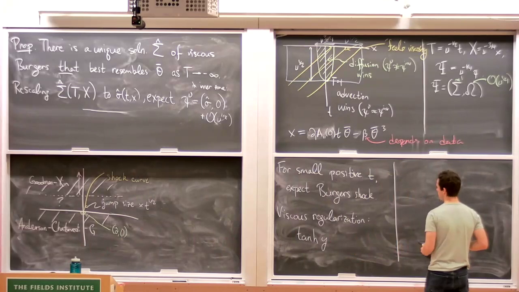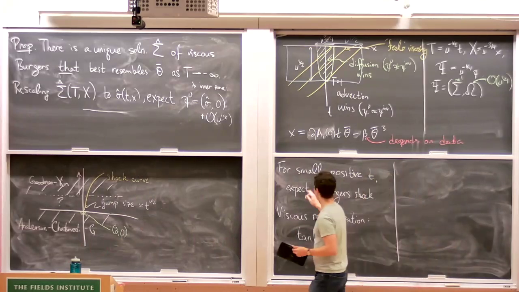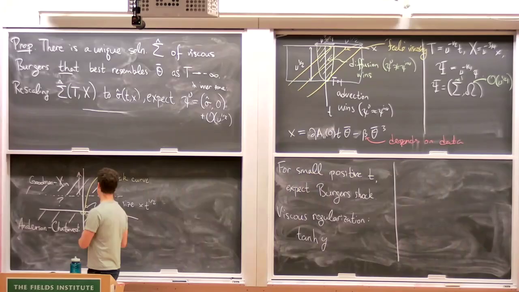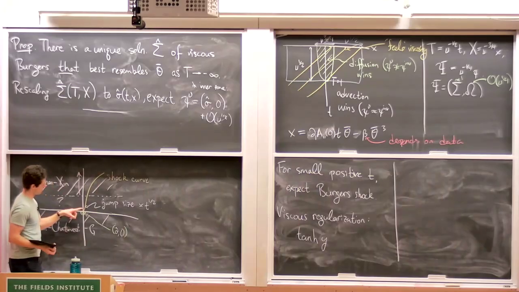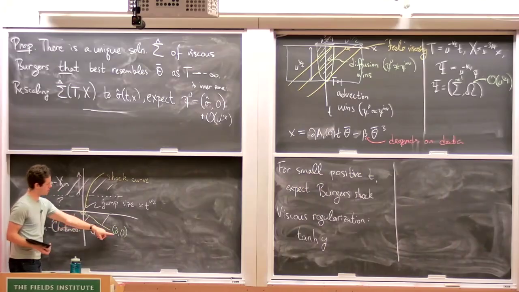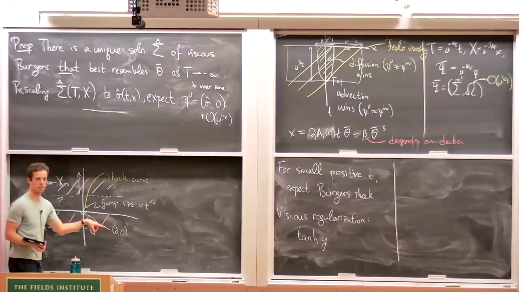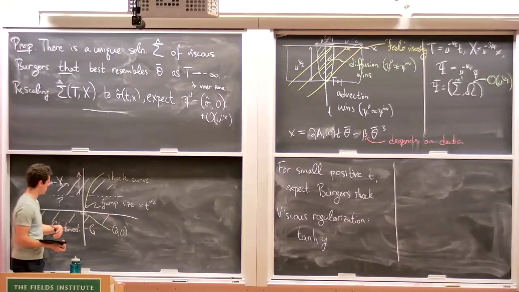On the other hand, we're working for small positive t, so there should be some kind of overlap where, for small enough t, you should be in a region that is accessible by this viscous approximation involving the special solution of viscous Burgers that I've talked about, this sigma hat, which was designed to have certain universal cubic scattering properties at past infinity.